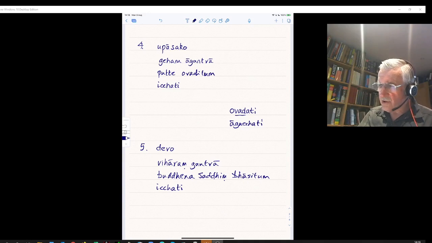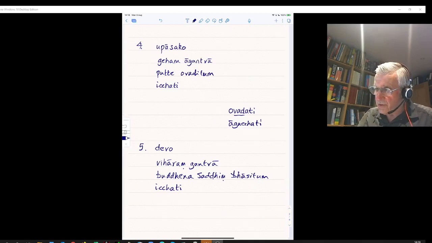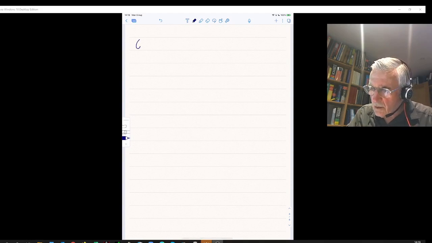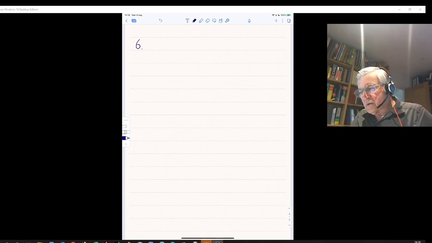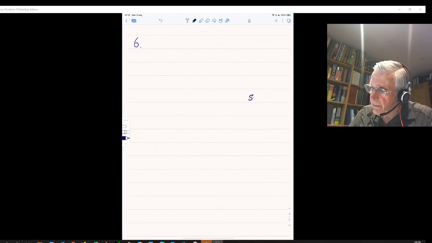Now number 6. The good man or the virtuous man wishes to protect virtues and give alms. So here, protect virtues. So silam, write it down here, silam, neuter, plural silani.